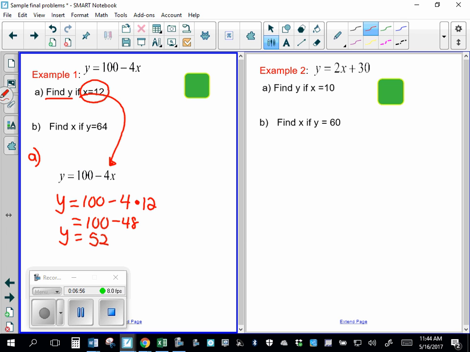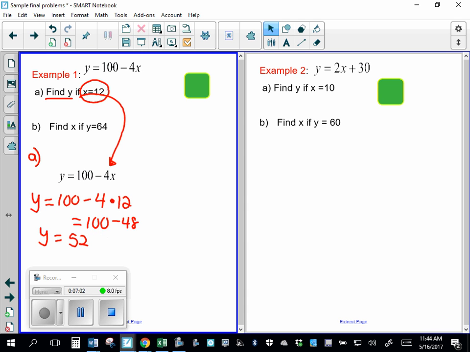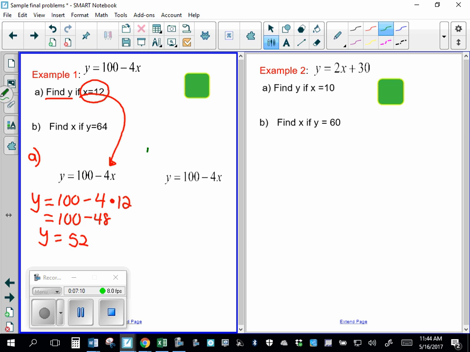Sure? Yep. Okay, so for part B, let me move this over here so we can put part B over to the right. I'm going to take the same equation and do part B. But for part B, I don't know what X is. I have to find X, but I know what Y is.